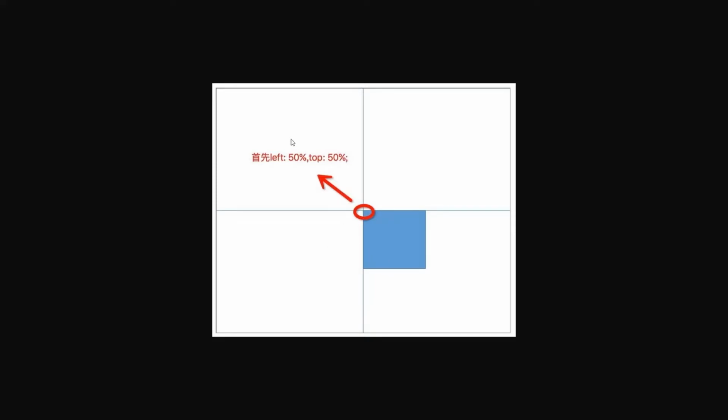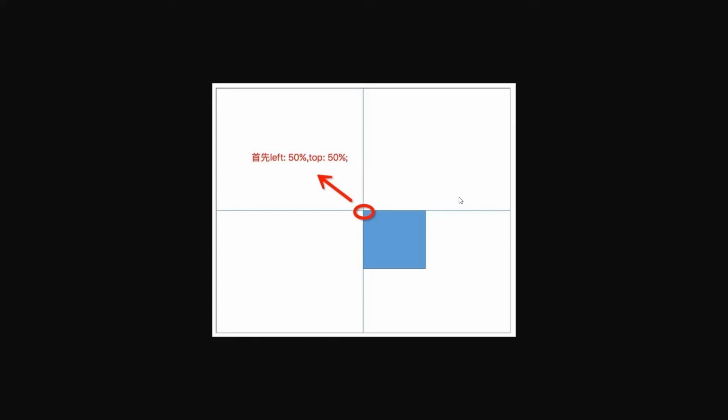And the same thing happens when we move it 50% from the left. This is the center line and we move it after the center line. So we need to move it 50% of its own width, that is this part right here, to the left, and then we need to do the same for the height. That is, at this point we need to move it 50% at top.